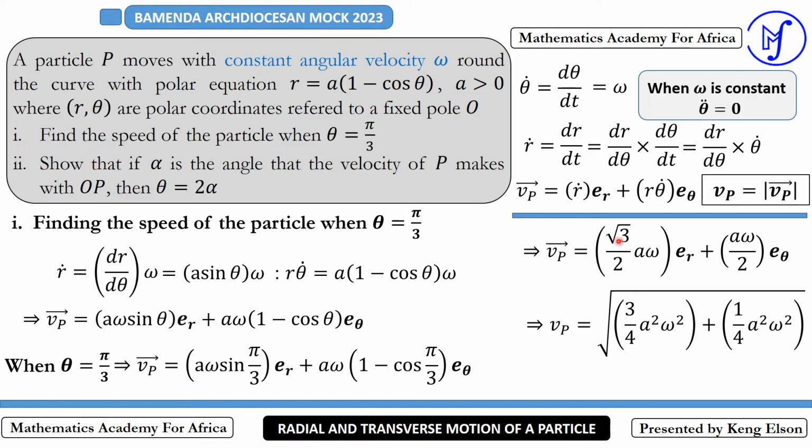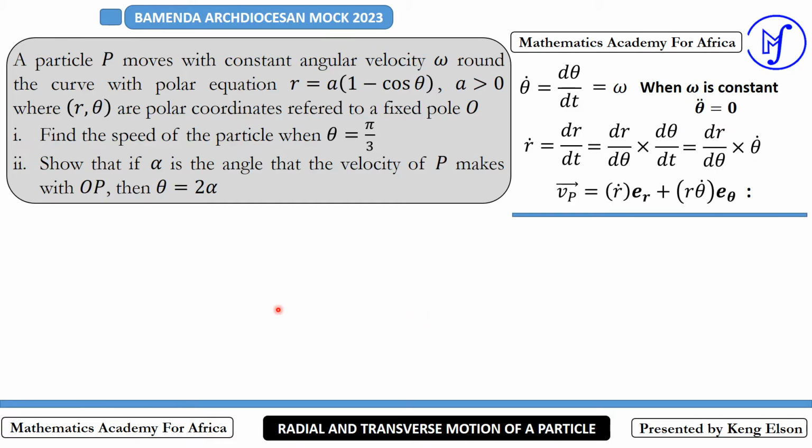So we take the square root of the sum of the squares of this and this. So when we square root 3 on 2 a omega, we get this. When we square a omega on 2, we get this. When we add both of them, we simply get a squared omega squared. And since we are taking the square root and a and omega are both positive, then we can conclude that our speed is simply a omega.